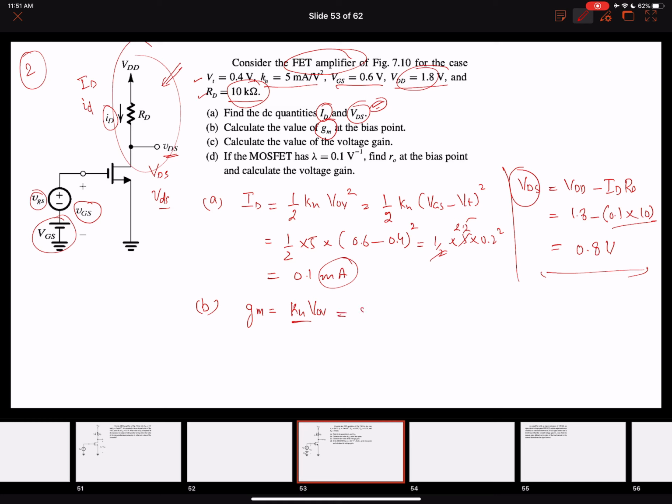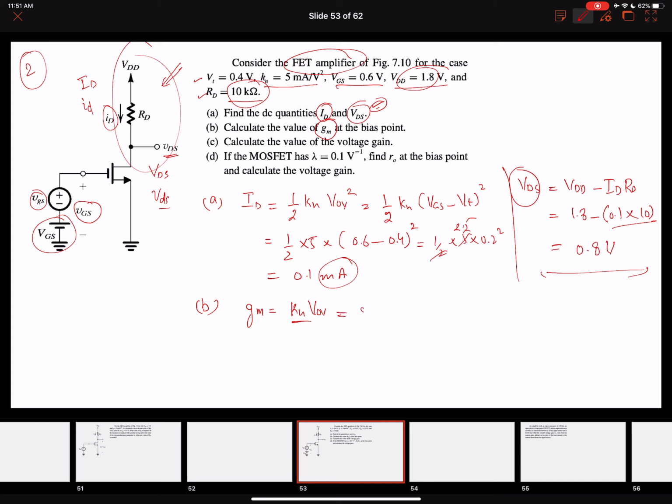Okay, so now part D states that we have a channel length modulation effect, and the lambda value for the channel length modulation effect is 0.1 per volt. So for part D, our lambda value is 0.1 volt inverse.